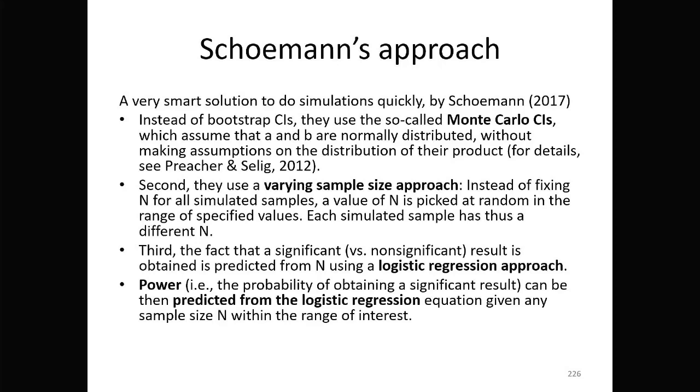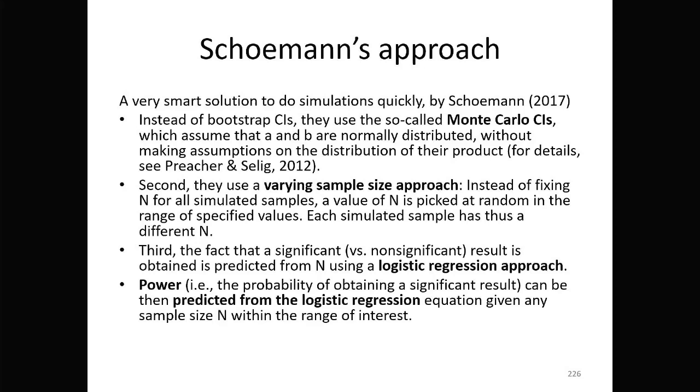That's the very smart part. So you have a logistic regression that allows you to predict the probability that you will obtain a significant result for each of the sample sizes in your range, even the sample sizes that you haven't directly observed.